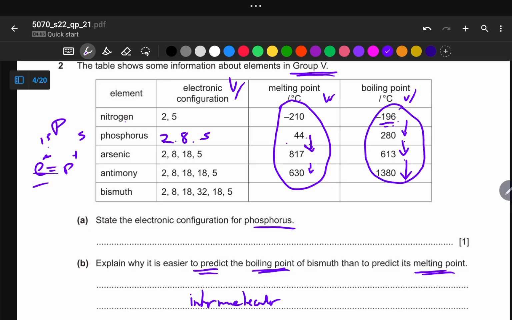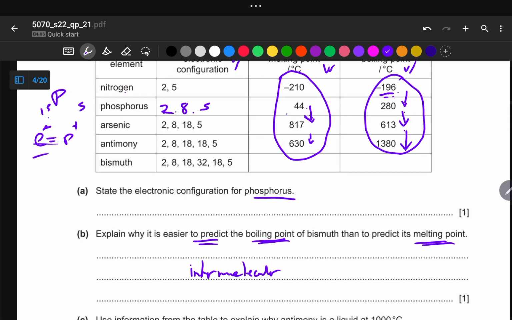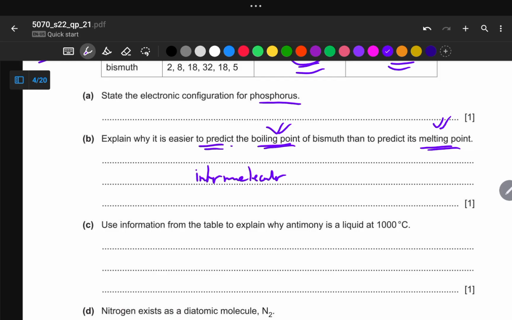If you have stronger forces, a greater amount of energy is required to separate the molecules during boiling. So we have a defined trend for boiling, and we don't have a defined trend for melting points. That's why it is easier to predict boiling point than to predict melting point. As simple as that. And we go on to part C.